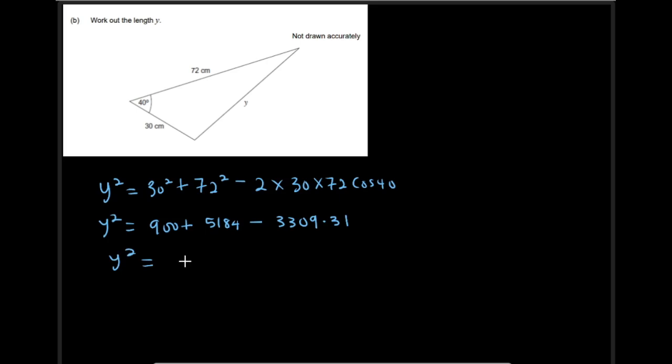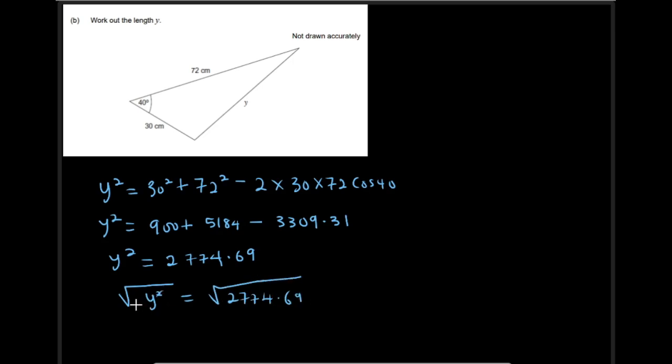So simplifying, we have y squared equals 900 plus 5184, minus 3309.31. That will give us 2774.69. So to get y, you take square root of both sides. So we have square root of y squared equals square root of 2774.69.